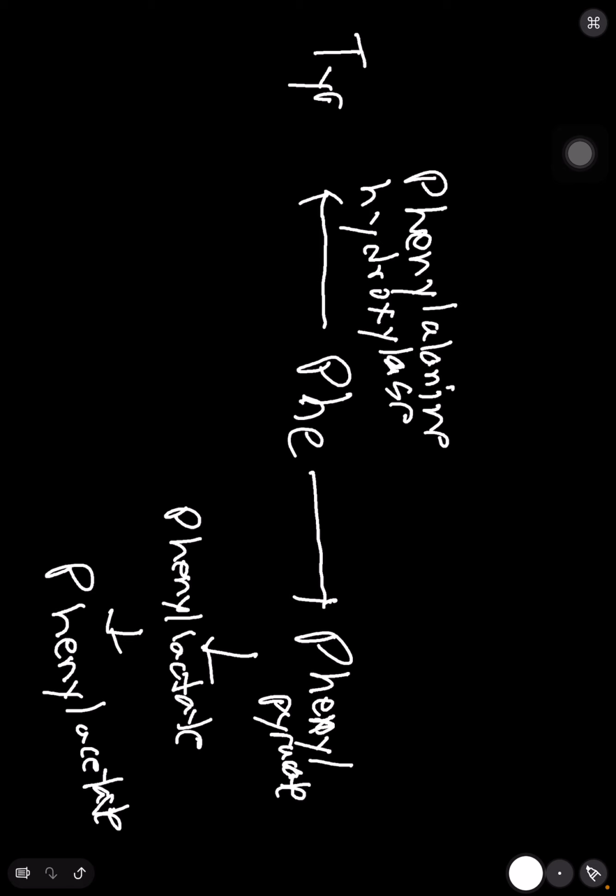The conversion to phenylpyruvate is catalyzed by something called transaminase. A transaminase is something that can transfer an amino group from one thing to another. So, this is what normally happens to phenylalanine in the body.